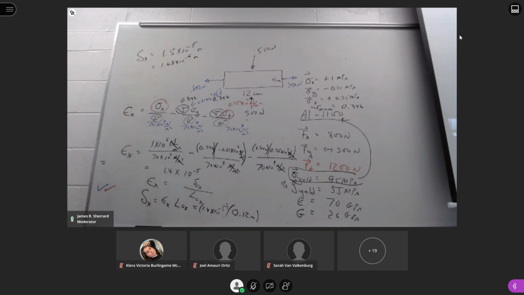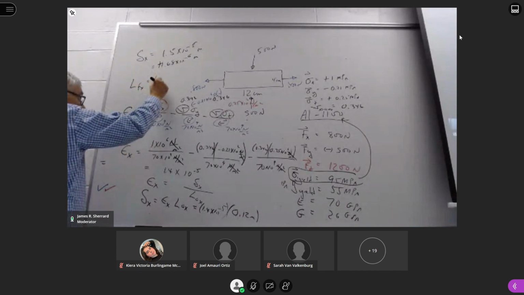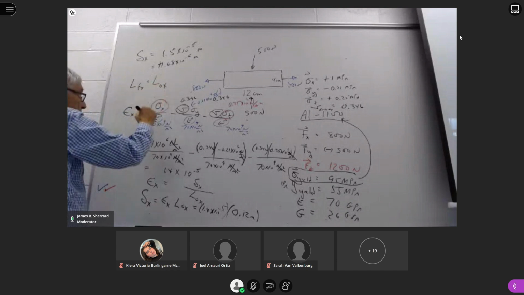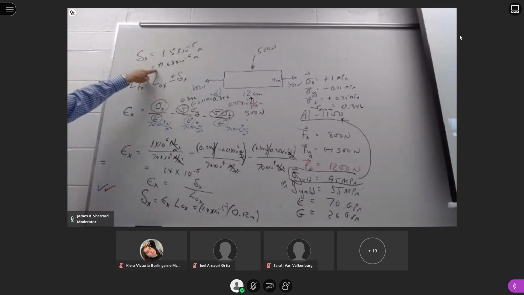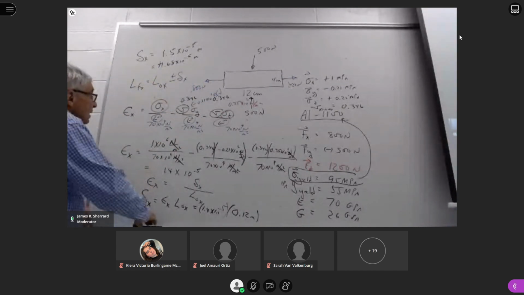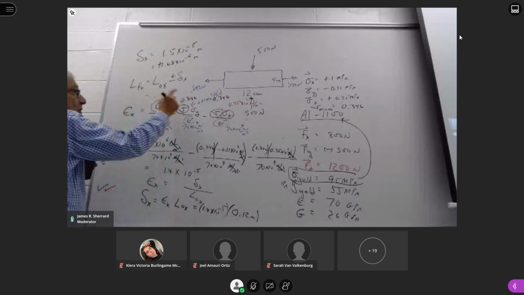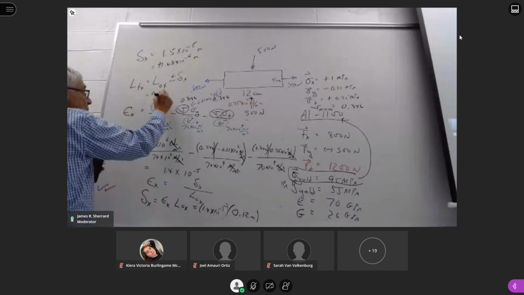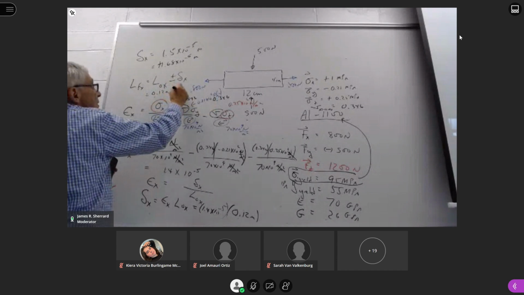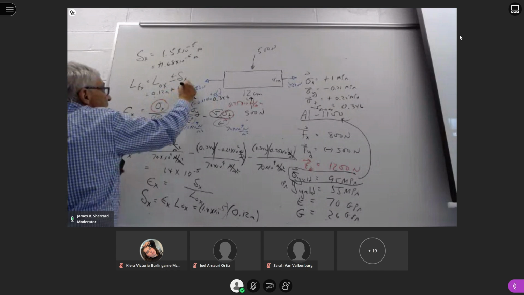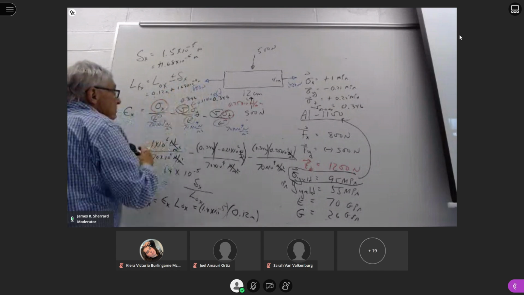So we'd move that over. Okay. So now we know the deformation in the x direction. This is plus. So what is the final length? The final length in the x direction is the original length in the x direction plus or minus the deformation in the x direction. This is plus because it was in tension. So the original length was 0.12 meters plus 1.68 times 10 to the minus 6 meters.